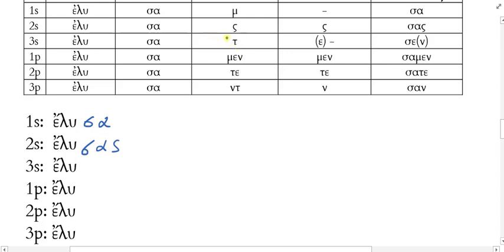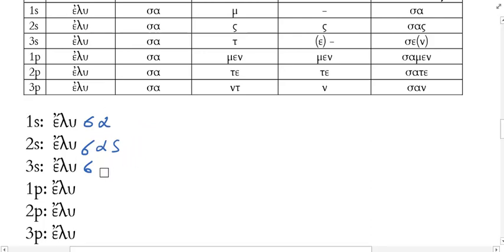What did we learn about taus at the end of a word? They drop out. Greek doesn't like it when taus are final. And so we should have been left with elusa for that after the tau drops off. But notice that it now looks exactly like the first person singular here, doesn't it? And that's not kosher, if there is such a thing as kosher in Greek.